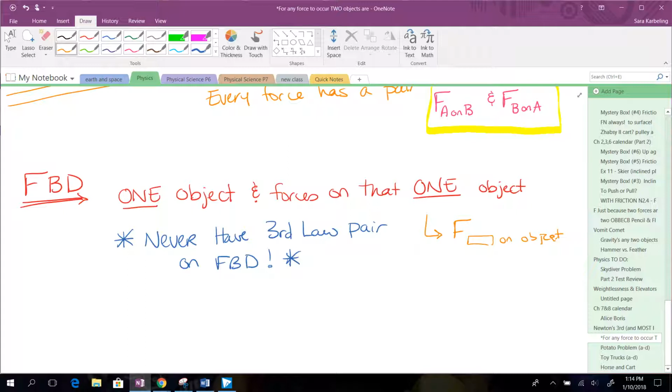Is that okay? Sure. The force of the earth on the bowling pin. Is that okay? Yeah. On the bowling pin, on the bowling pin, on the bowling pin. As long as it's on the bowling pin, life is good.